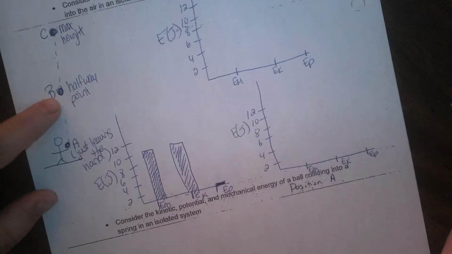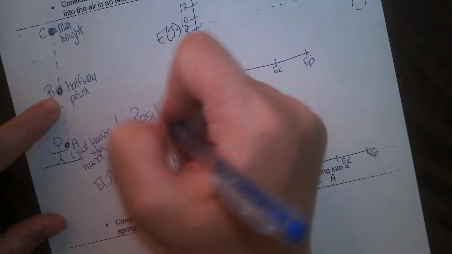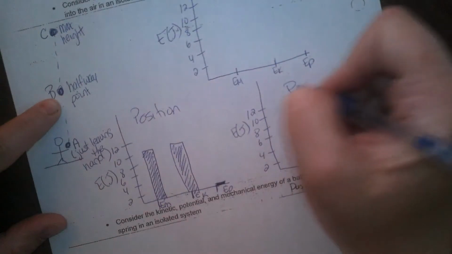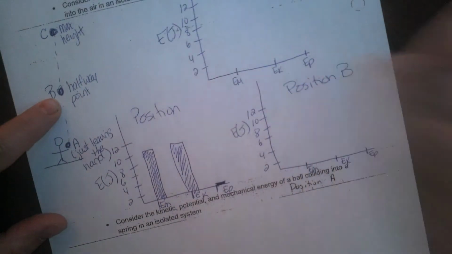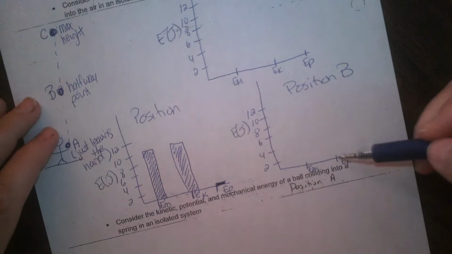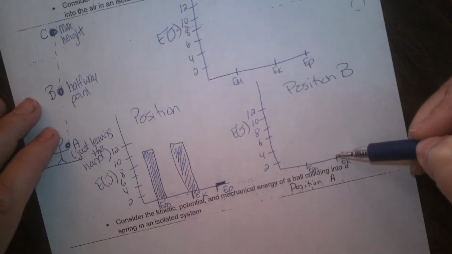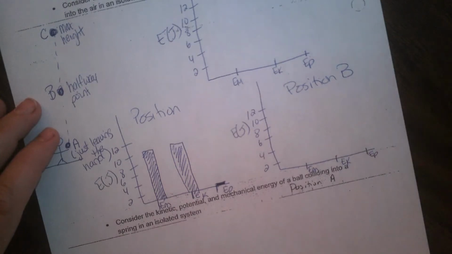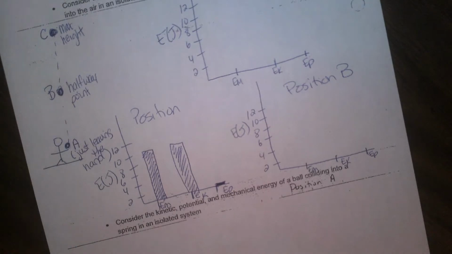All right. When the ball is halfway up, this is position A, this is position B. When the ball is halfway up, it can keep going up or it can come back down. What would you say about the energy level of kinetic energy and potential energy? It would be what, Kyle? Max?